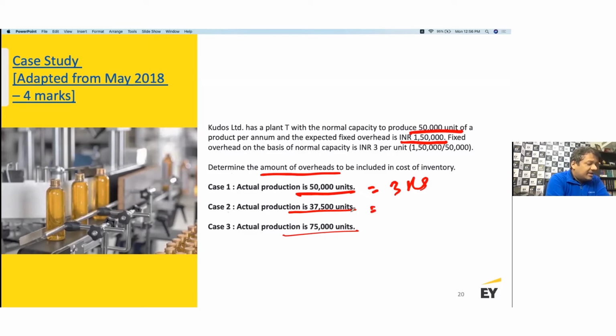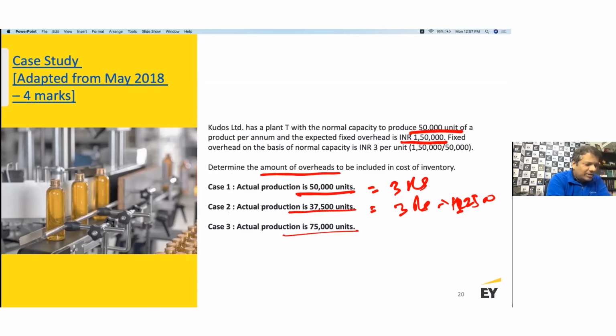Now, if it is 37,500, I'm going to still allocate 3 rupees, and the balance is going to be expensed off. So if I were to allocate 37,500 into 3 rupees, how much am I going to get? Which is 1,22,500, if I am right. And no, 1,12,500. Sorry, I'm not right all the time.